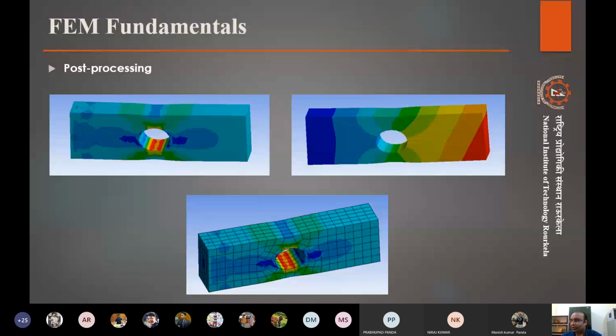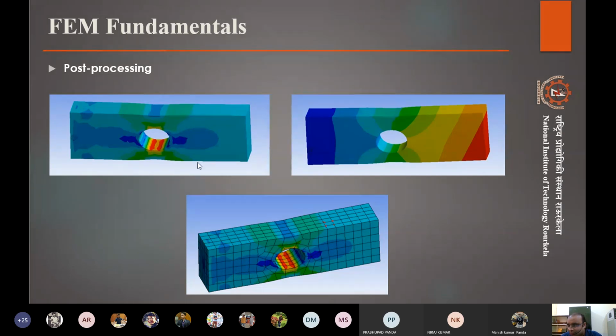Basically, each of these elements will have results that are interpolated from these vertices or nodes. Each of these nodes has some values, and these will be interpolated using basis functions.